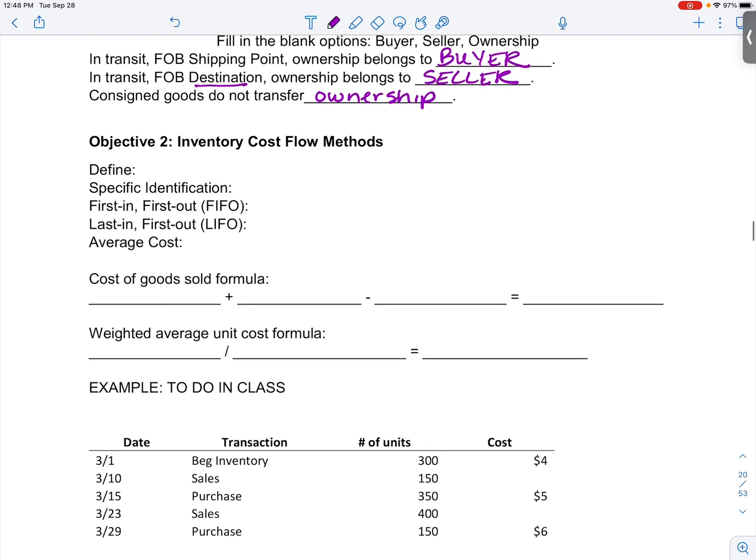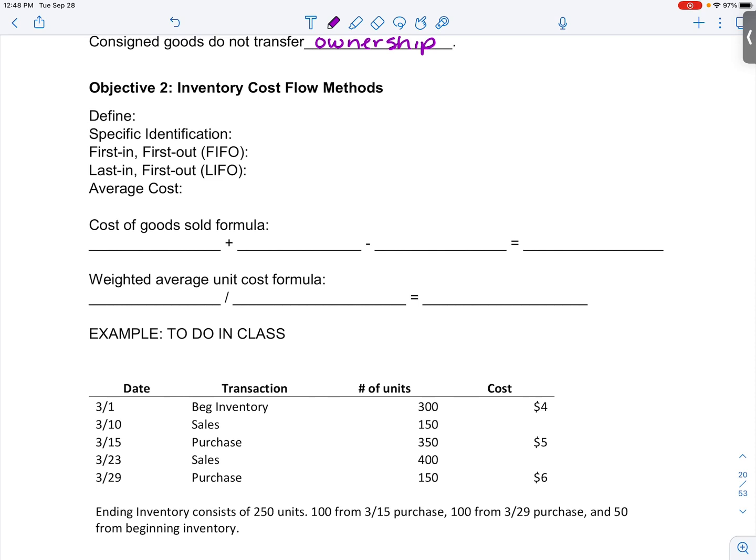Again, as a review, we should look at that cost of goods sold formula. We'll be using this a lot. And what this is, again, is your beginning inventory plus your purchases minus your ending inventory gives you that cost of goods sold.